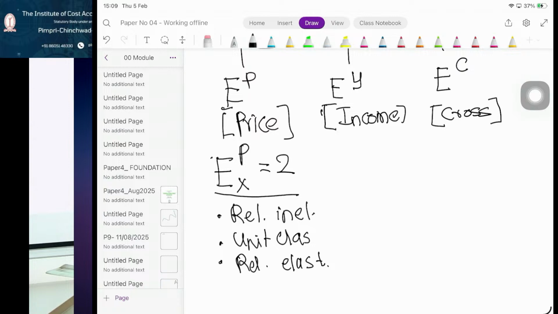If the price elasticity of a product is 2, then which A, B or C would be your answer? Is the demand relatively inelastic, unit elastic, or relatively elastic?